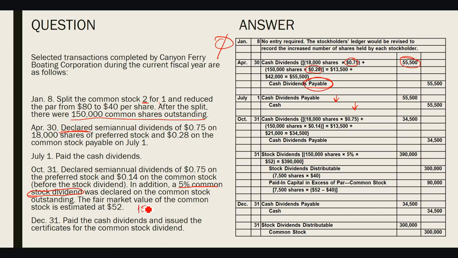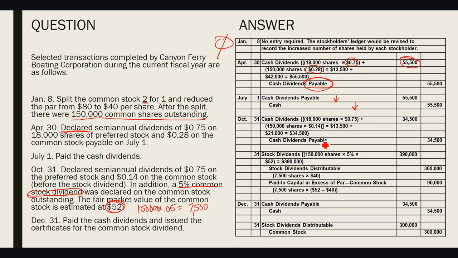So the 150,000 times the 5%, so that comes up to 7,500 shares that we are issuing as stock dividends. The fair market price is $52 per share.